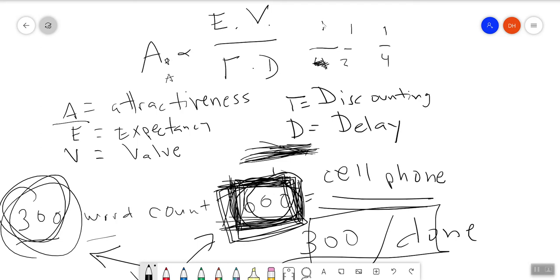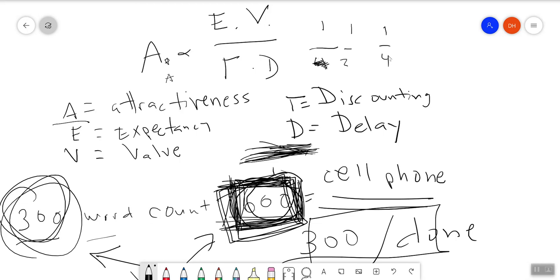Up here, if your numerator is lower than your denominator, then the attractiveness of the project lessens, okay? So if I have 1 over 1 here, then the attractiveness might be 1, so if these balance out. But if the expectancy and value of the project is 1 versus the discounting of that project, and discounting is higher, notice that the attractiveness now is 1 over 4, 25%. So it's much less because I'm not valuing properly the project that I'm doing.